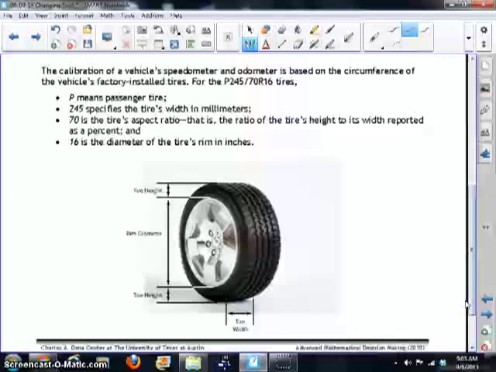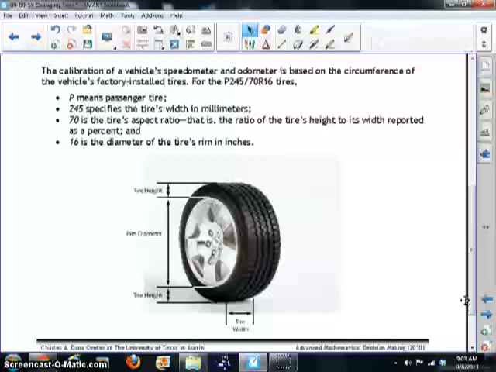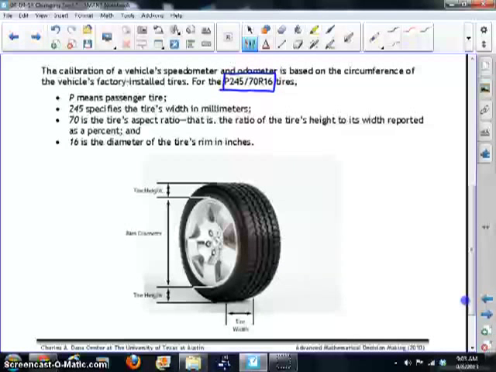We're going to be looking at a special factory tire that we have right here. And this tire is a P245/70 R16 tire. Now, the width of the tire is given right here, and that's 245 millimeters.